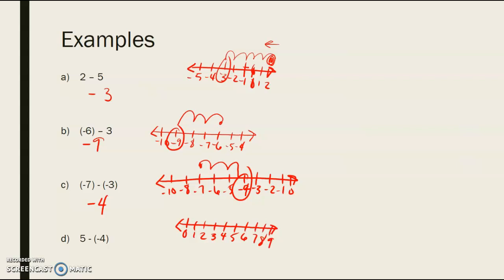So we'd start at the 5. The subtraction tells us to go left, but then we hit negative 4, so that tells us to go the other direction. So I'm going to go right 4. So 1, and it keeps clicking on me. 1, 2, 3, 4, and our answer is then 9.